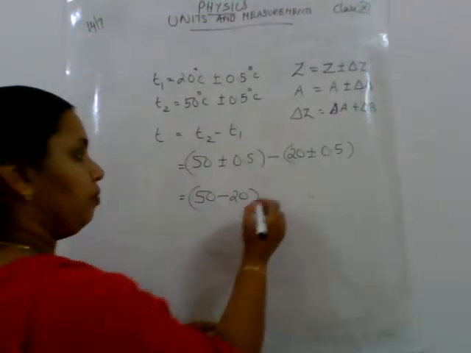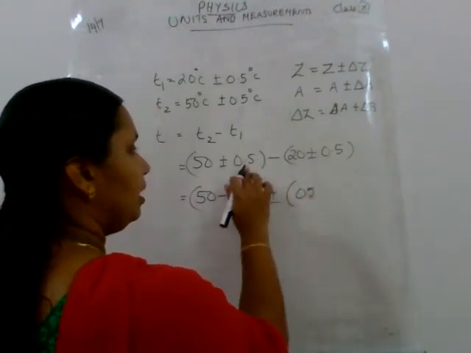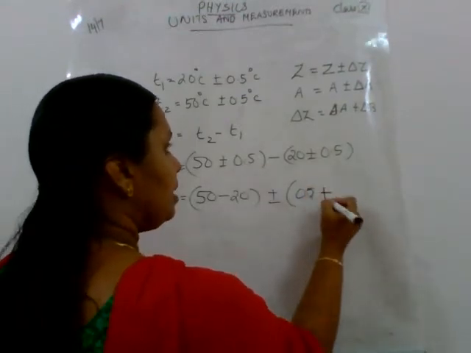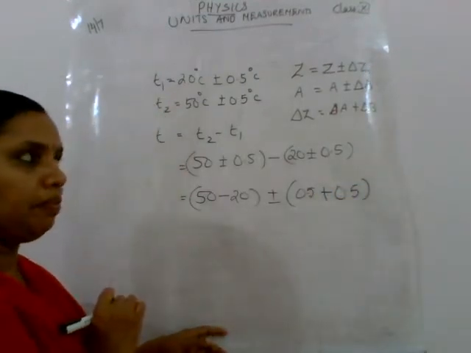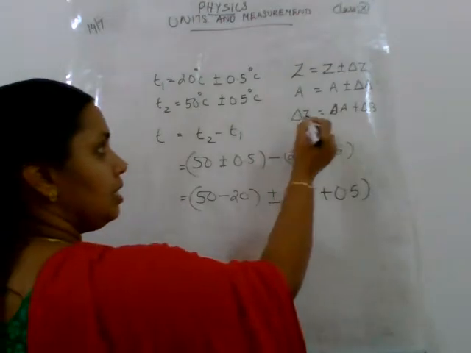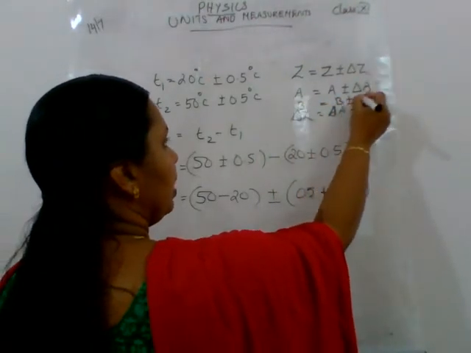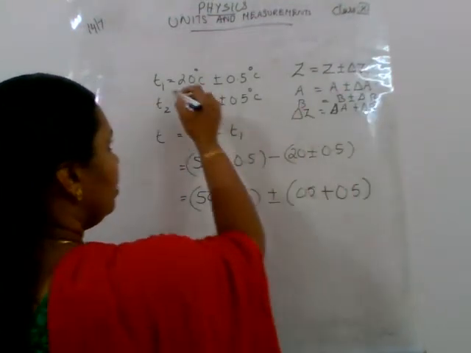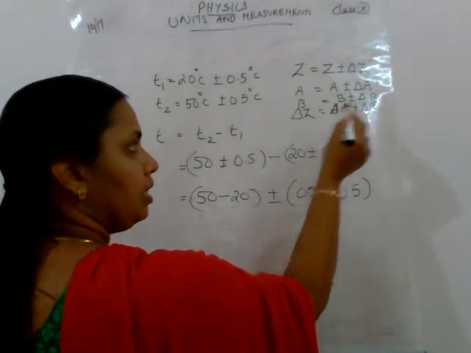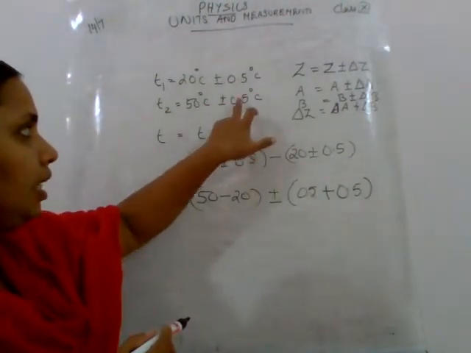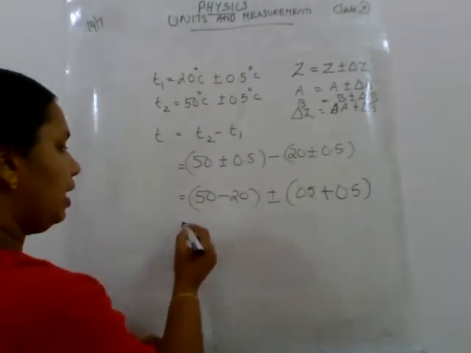So here it is plus or minus 0.5, delta A plus delta B. Take B is also B plus or minus delta B. So this is our A, this is our B. So delta Z is equal to delta A plus delta B. This is delta A, this is delta B.